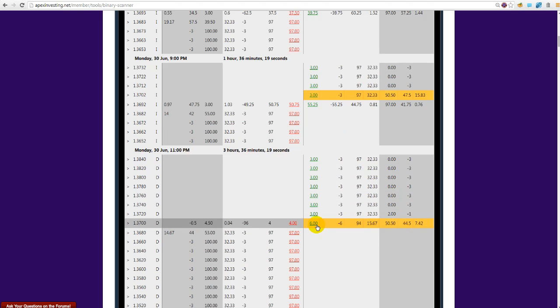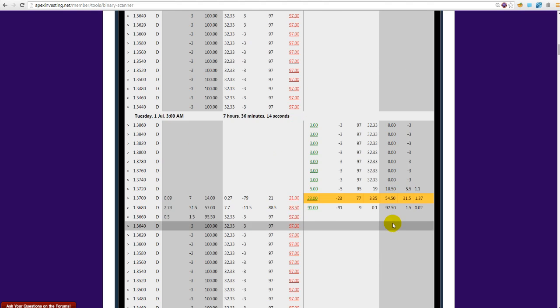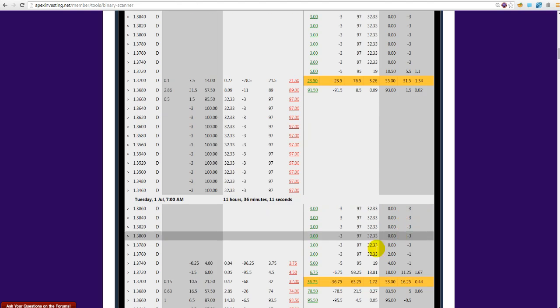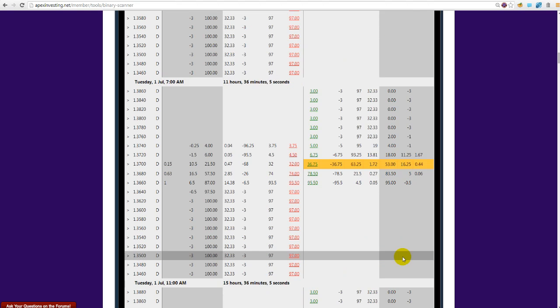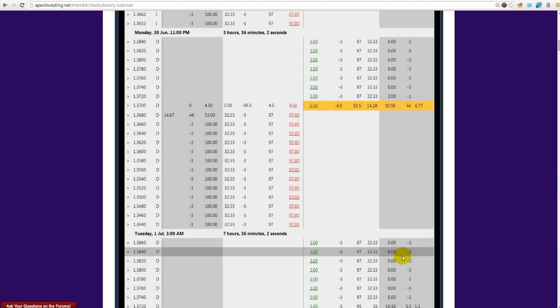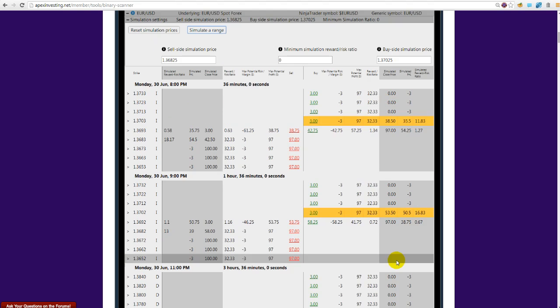Down here, $6, 742% return, goes to 50 as well. Okay, this one right here, 23 to 54.50, getting a much smaller return. Here, 36 to 53, only making $16. This one's going from 44 to 50, only making $6. So see how they move faster with that 10-pip move. You get a much larger move on a shorter term contract.